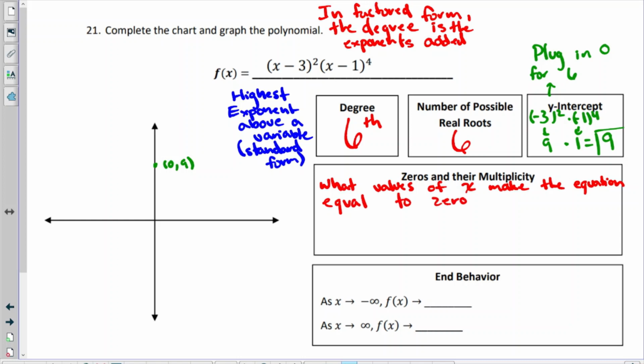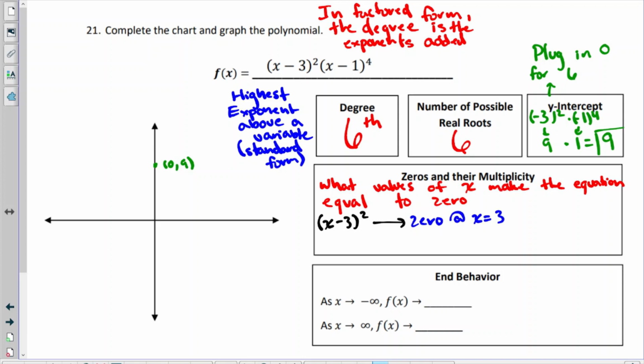Anytime that x makes the output 0, that means we are on the x-axis, which is like an x-intercept or a 0, okay? So this x minus 3 term, x minus 3 quantity squared, is going to tell me that there's a 0 when the value of x makes this thing 0, which means it's at x equals +3, okay?